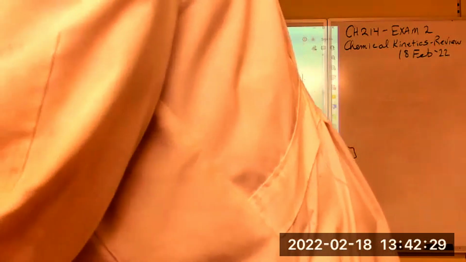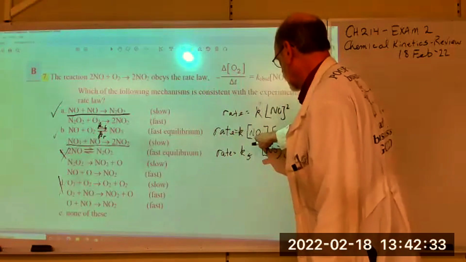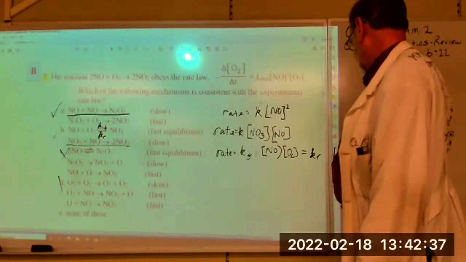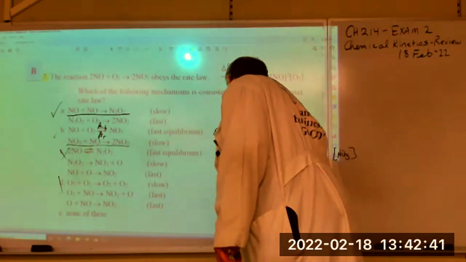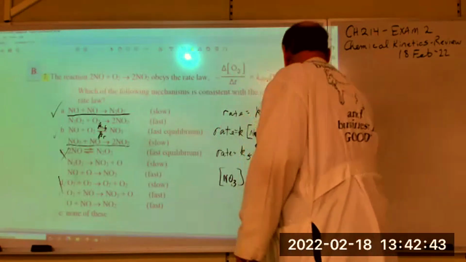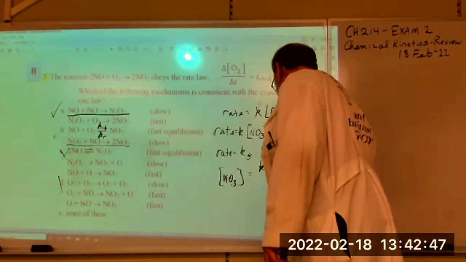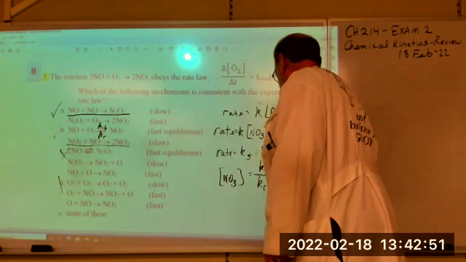Okay. So now, can we solve that equation and resubstitute it? We need to get rid of this one right here. So let's solve for NO3. NO3 is equal to, take this one over here and put it underneath, KF over KR.